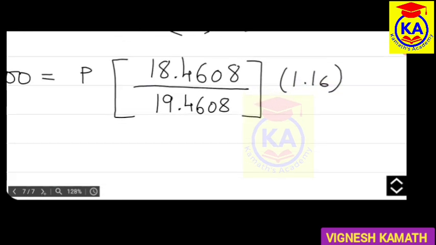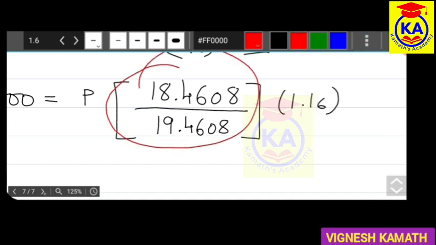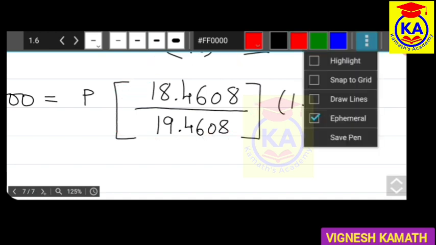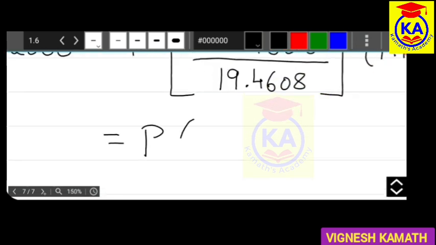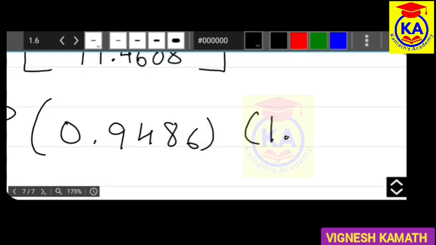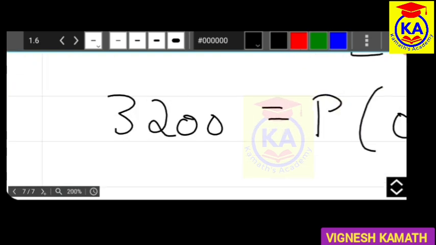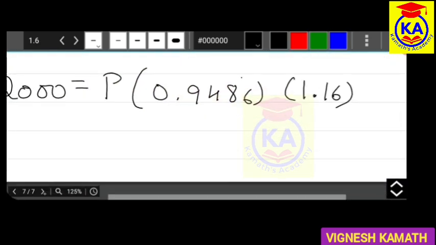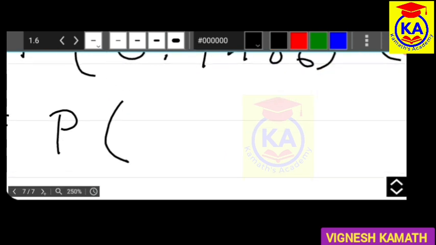Now divide this, and you will get P into 0.9486 into 1.16 is equal to 32,000. Now multiply these two: P into 1.1004 is equal to 32,000.